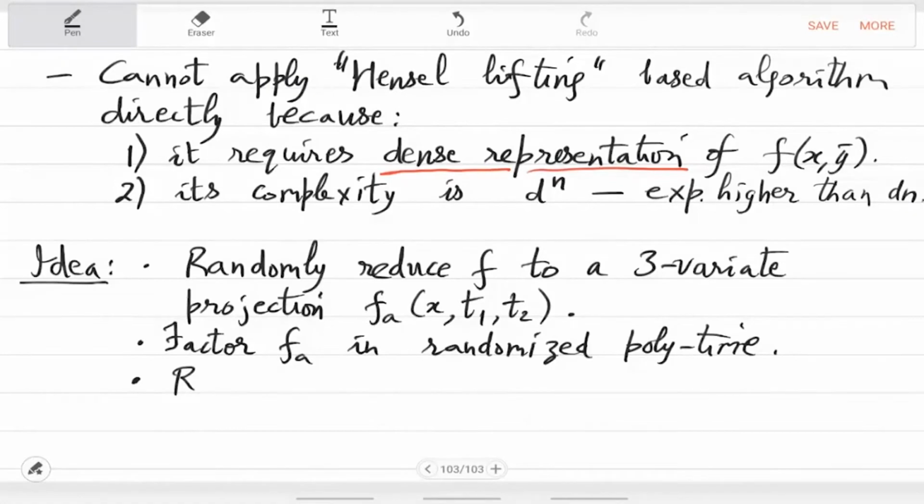The projections are also black boxes, right? No, this is three variables. A 3-variable black box you could learn, because the number of monomials is just d cube. So the monomials are very few. How do you do that? I think that I should leave as a small exercise. In case n was just 2, the black box was in variables x, y1, y2.